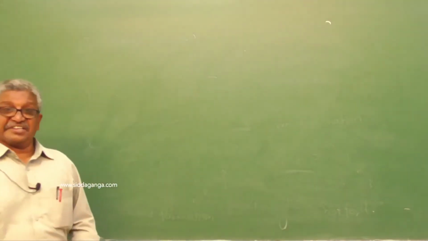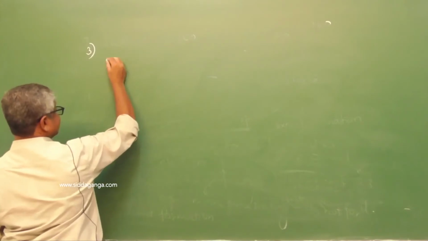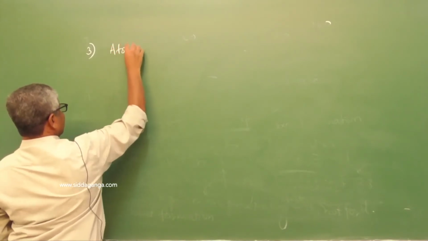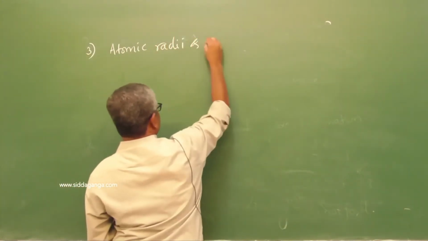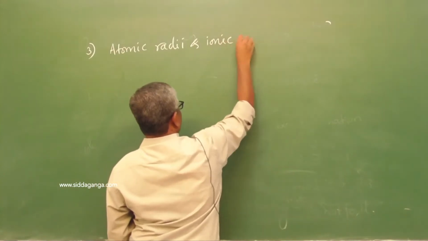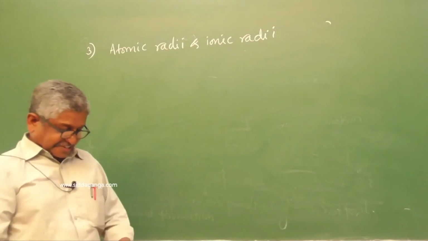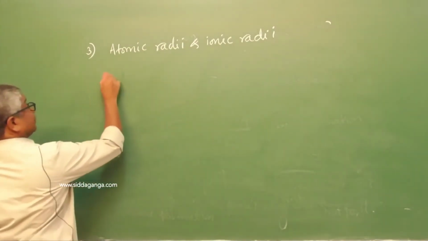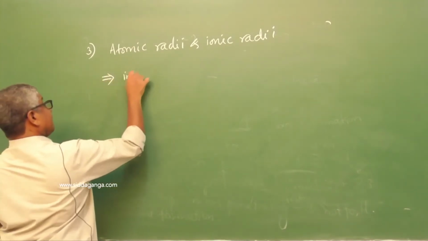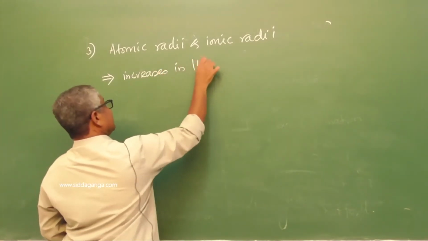Atomic radii and ionic radii. It is the third one: general trends. Atomic radii and ionic radii increase in the group.